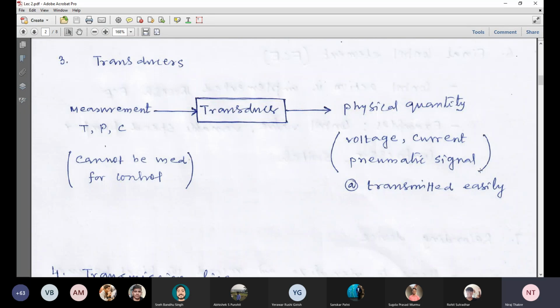If you give 15 psi, the highest signal, then your control valve is 100% open. So this is a pneumatic signal basically. It is in terms of air pressure. Anyway, this will be detailed in the instrumentation part.